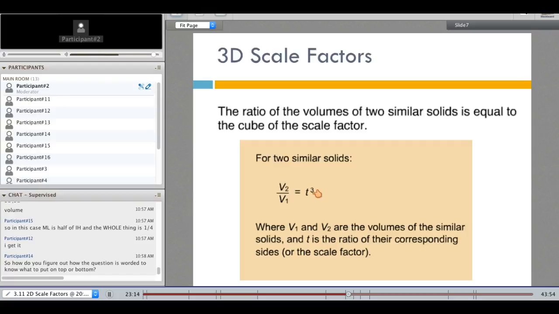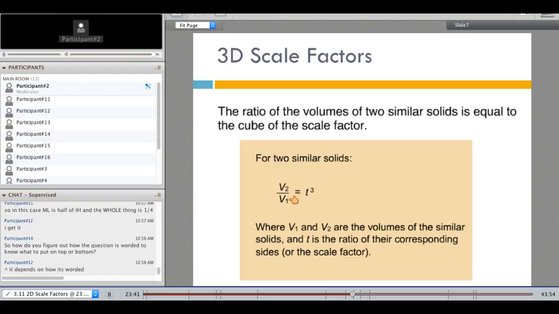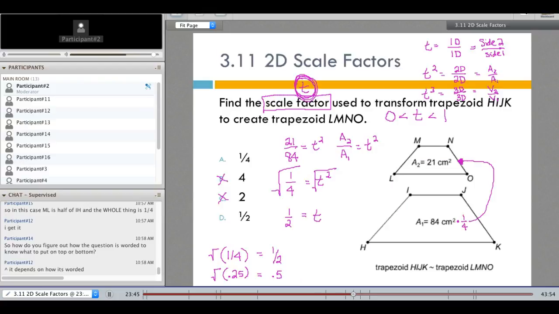And so that's why we crossed off B and C right away, because we knew, okay, if I'm going from something bigger to something smaller, I don't want to be multiplying by a 2 or a 4, because that's going to take my larger figure and make it even bigger. So I know I can cross those off. So you have to just read the question to figure out, do I want to do 21 over 84 or 84 over 21? Good, good. You guys are getting this. You guys are thinking. Very good.